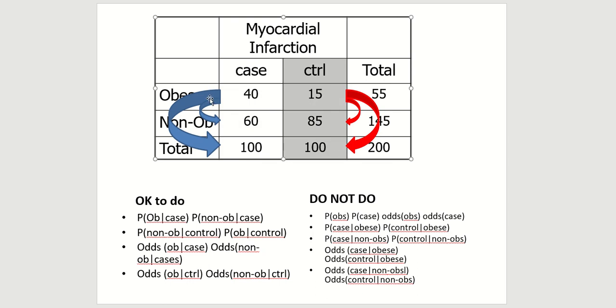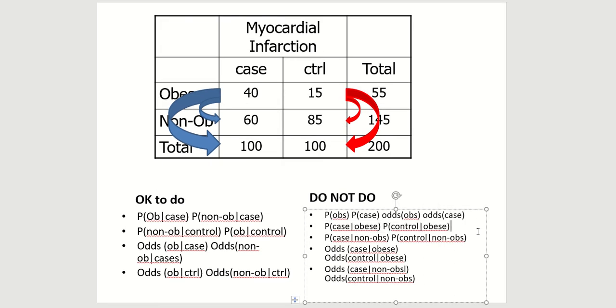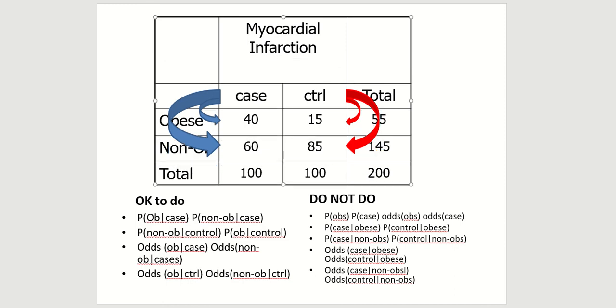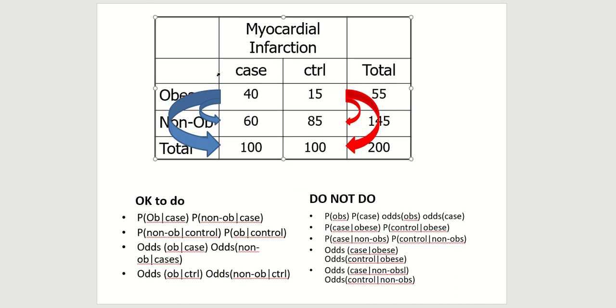So anything going across, for example among obese cases, among obese, going like this, that is not okay. Among not obese, that is not okay. The odds of case among obese is not okay. The odds of control among obese is not okay. All of them are not okay. You cannot calculate these. You can only look within cases and within controls.